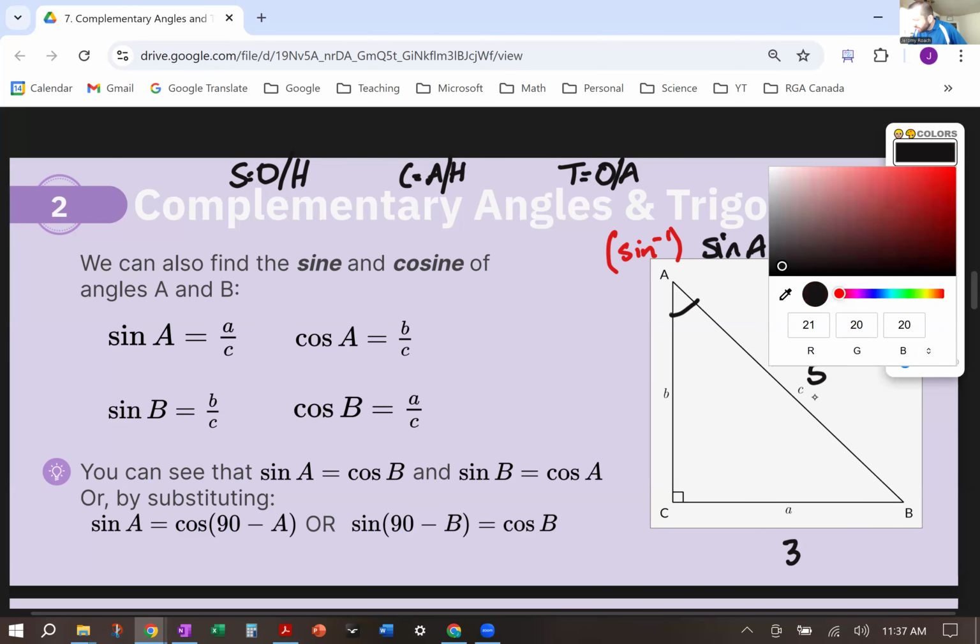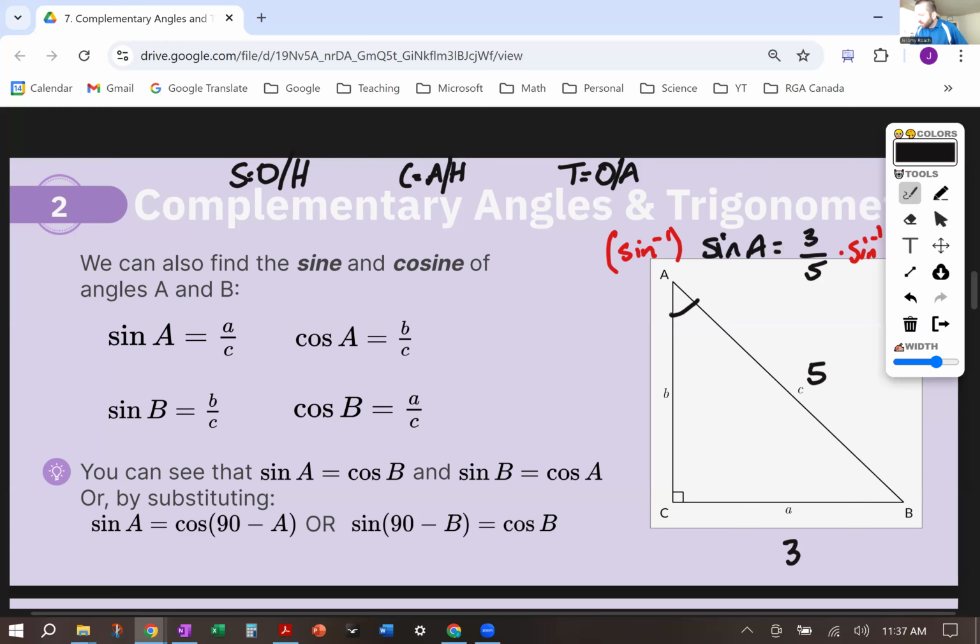And so when we do this, that crosses out with that, and we're just left with angle A. And then on the right side, it's inverse sine 3/5. You can write that as a decimal, but this is how you figure out what the exact angle is with trigonometry.